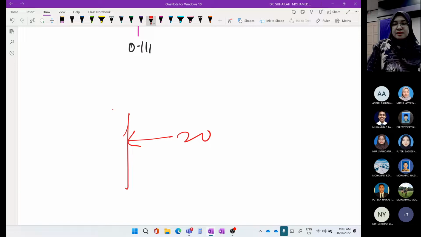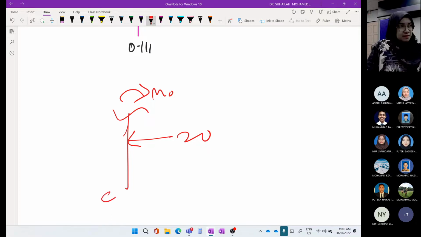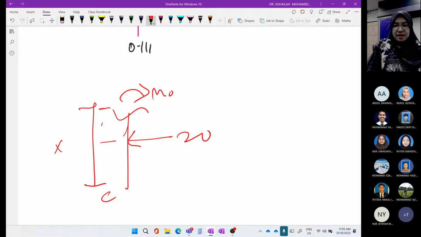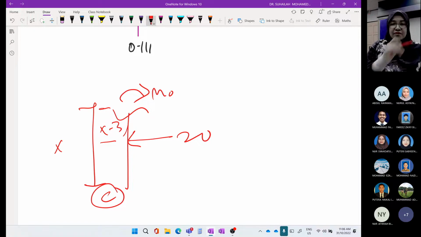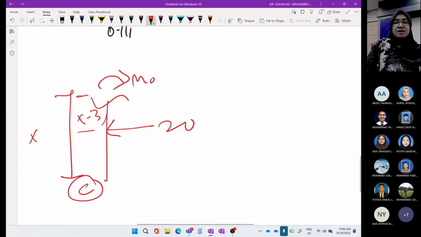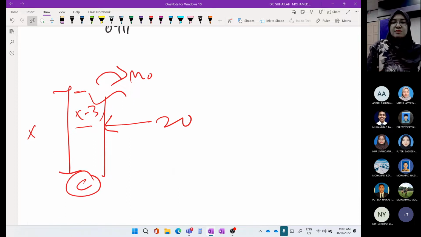Sini 20 kan. So this is moment, this is M naught. If origin start from C, memang yang ni jadi X. Ini X kan, yang ni X minus 3, if origin start from C. But if origin start from D, dia macam ni.